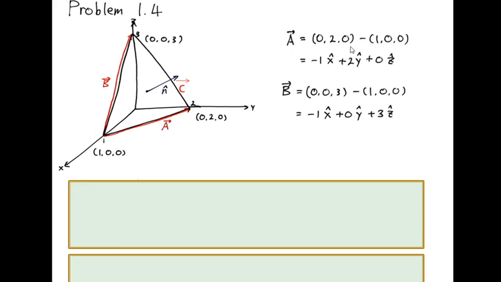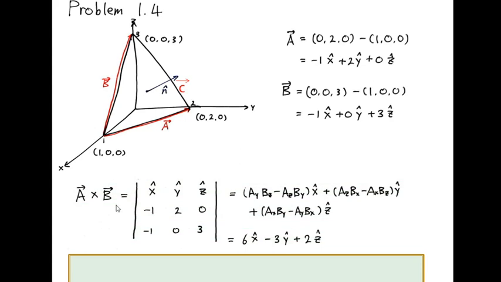Vector a is given by head point minus source point, field point minus source point, and therefore vector a is written like this. Vector b will be written like this. Now it is interesting that you are going to take the cross product.